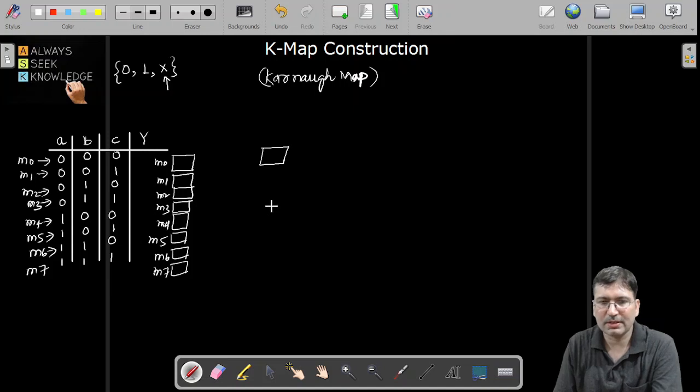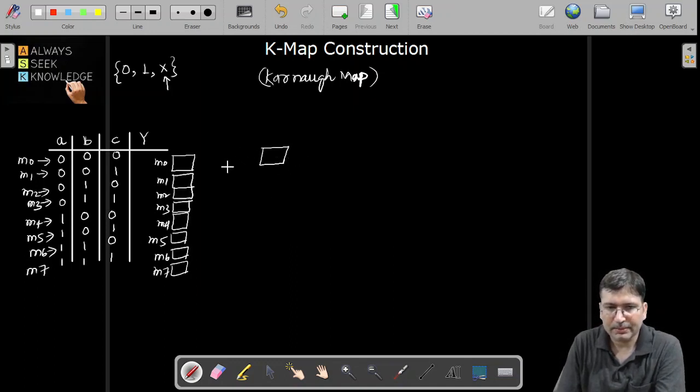So what is the adjacency rule? Now we are having 8 cells. If we have 4 variables, there will be 16 cells. If we have 2 variables, there will be 4 cells, right? So all the possible cells we will arrange in such a manner that any two adjacent cells should not differ by more than 1 bit.